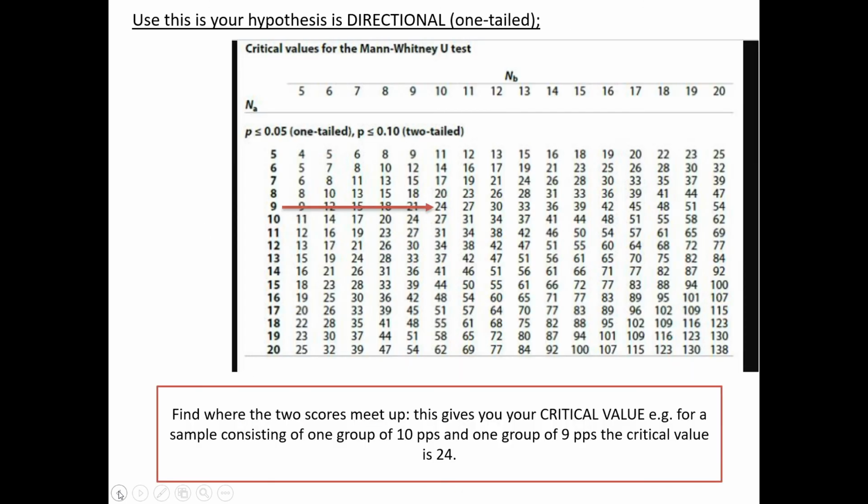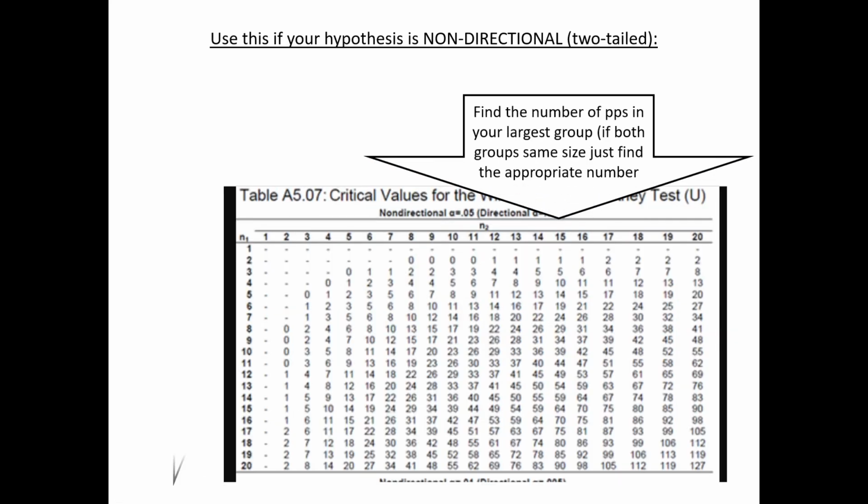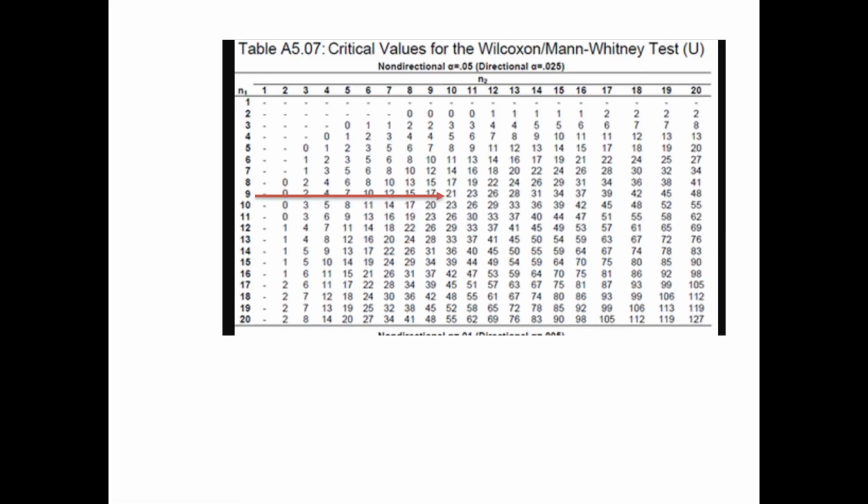Let's have a look at one-tailed 10 and 10. Yeah, there we are, 27. Okay, so it worked with this data set of two groups of 10. That's what we get. Yeah, okay.